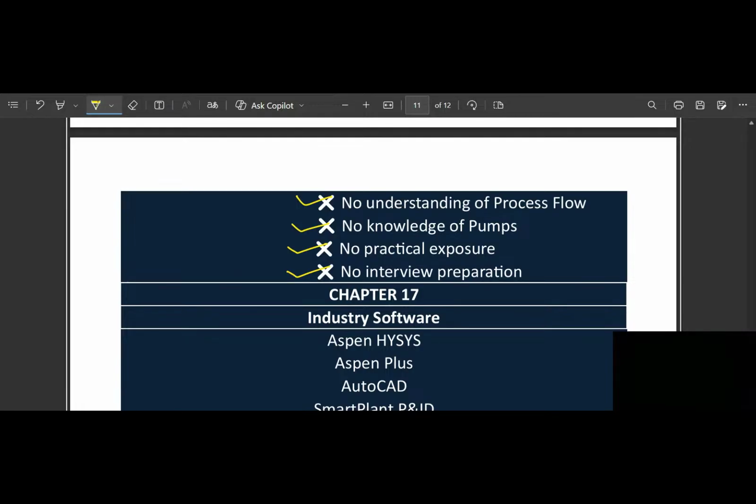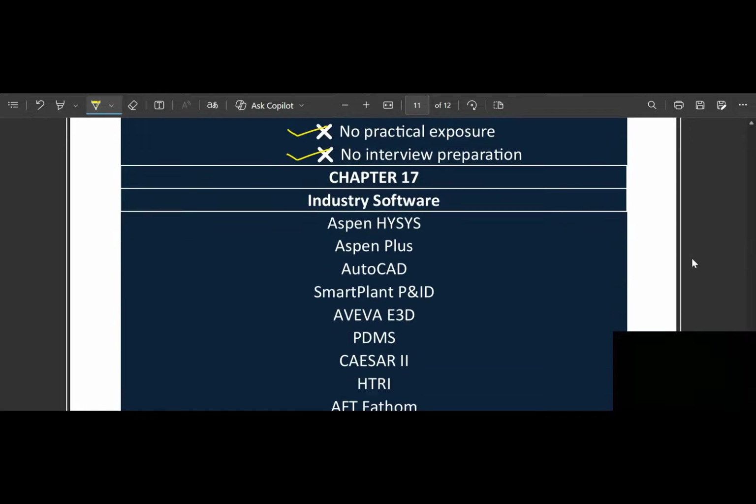So as a process engineer, get a job in any industry where you can learn more equipment, more process plants.